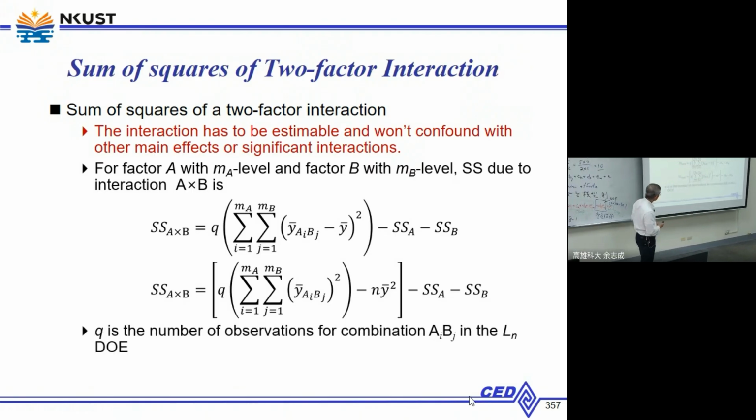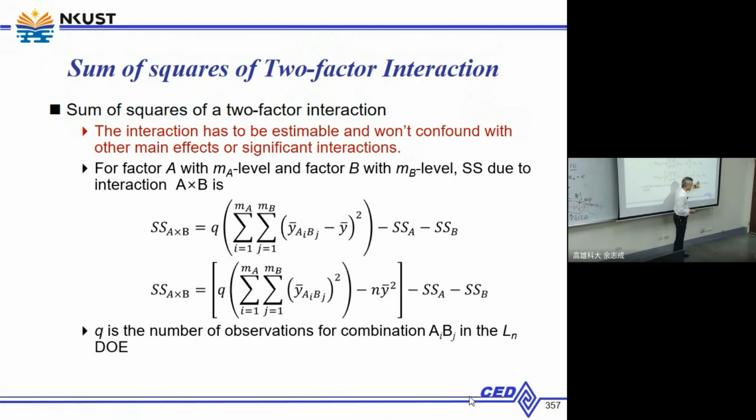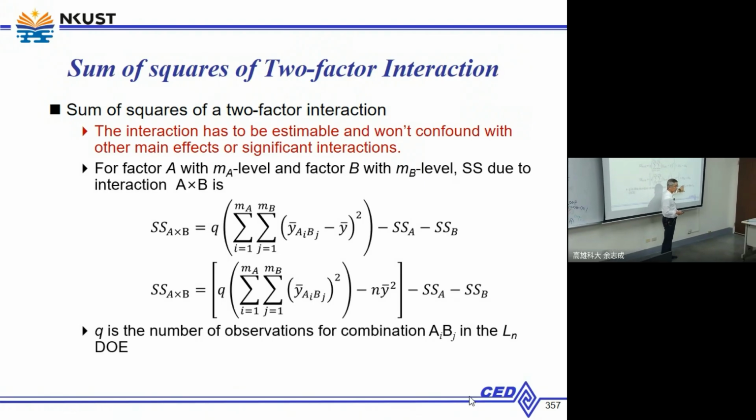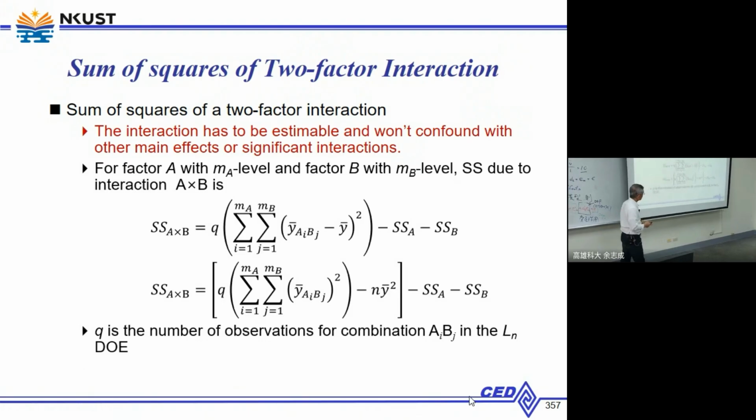Where Q is the number of repetitions when you calculate this average in this interaction combination.